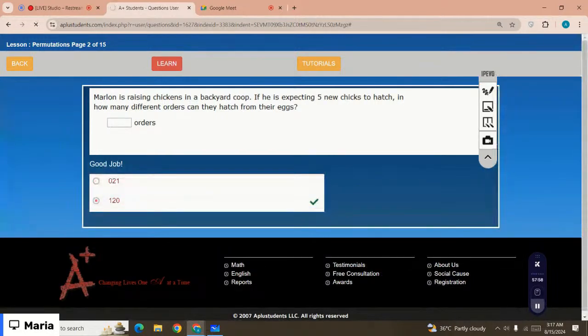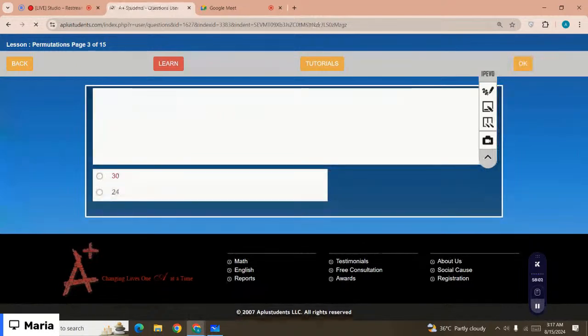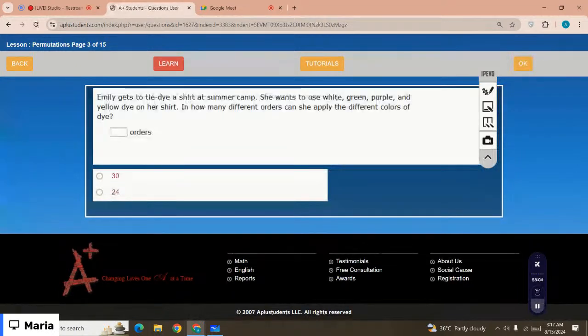Okay, the next one is: Emily gets to tie-dye a shirt at a summer camp. She wants to use white, green, purple, and yellow dye on her shirt. In how many different orders can she apply the different colors of dye?